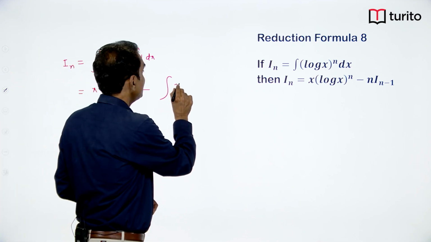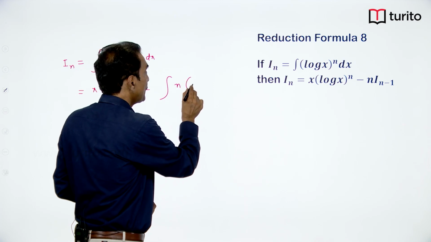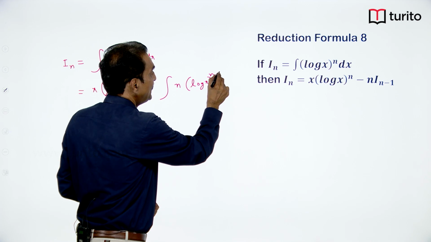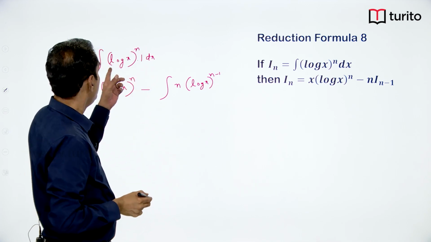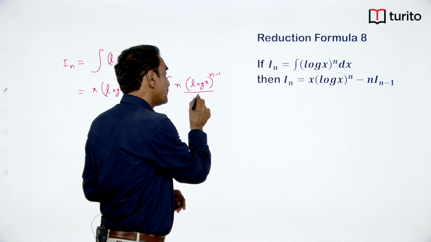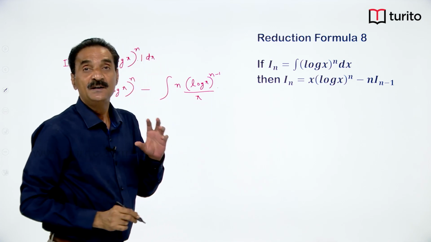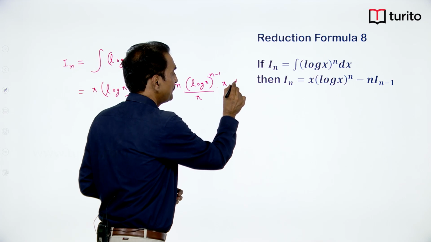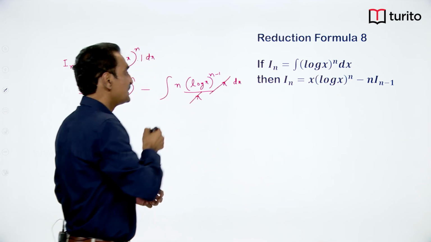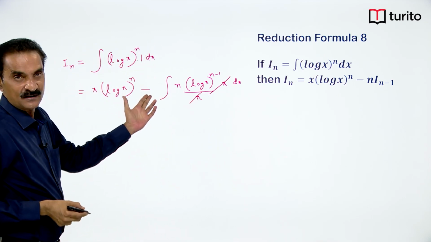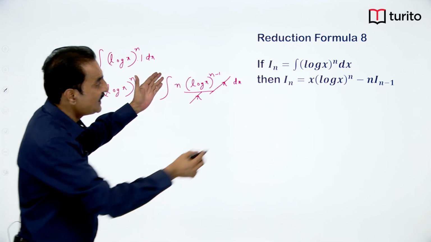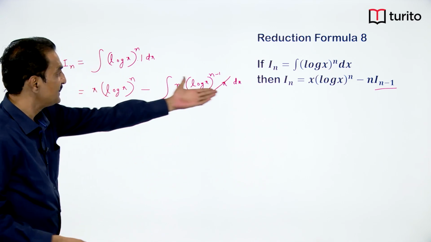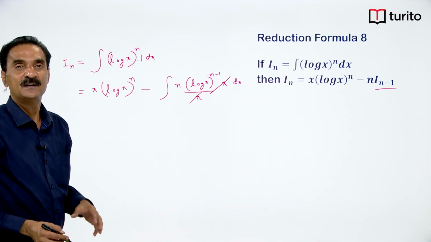Derivative of the first function is n into log x power n minus 1 into derivative of log x, 1 by x, into integral of the second function, that is x dx. X cancels. Take out n, then remaining becomes I n minus 1, n into I n minus 1. First term is x into log x whole power n. Okay.